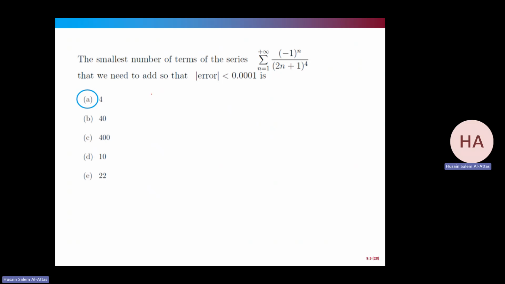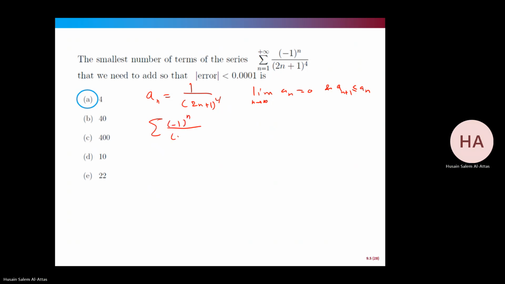This is a_n equals 1 over (2n plus 1) to the power 4. The limit is equal to 0. And for sure, it's decreasing. No need to do the calculation. So the series converges by the alternating series test.